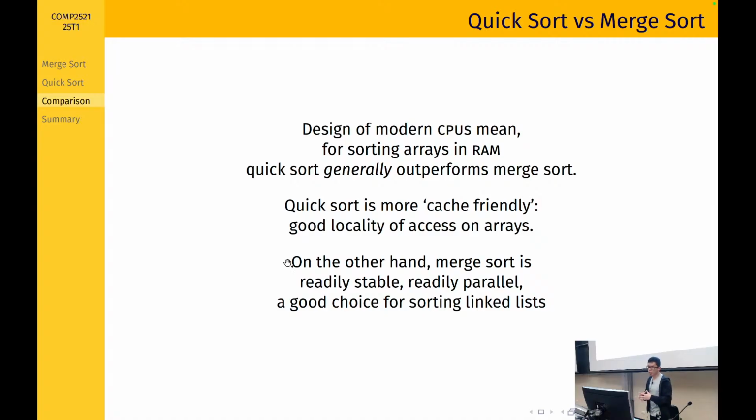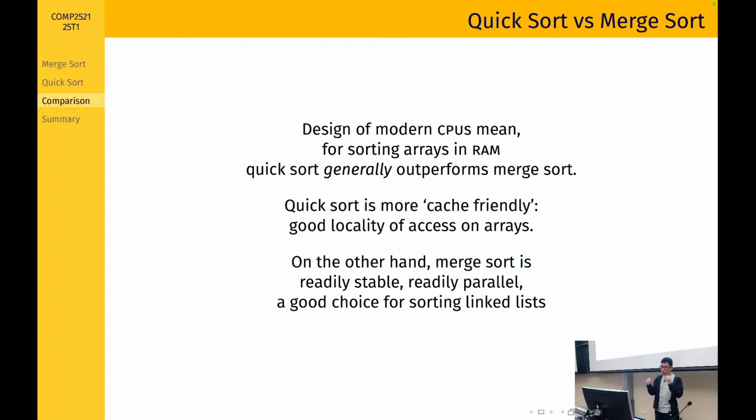Meanwhile, merge sort is more easily parallelizable, right? And what I mean by parallelizable is it's easier for it to divide the work among multiple CPUs, or multiple cores. That's because it really evenly splits the array, right?